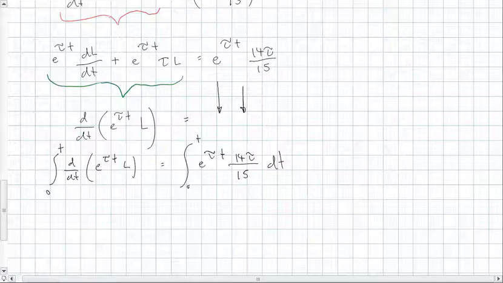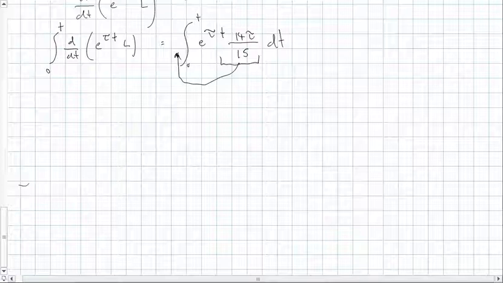And of course we can bring all this out. And we know that the integral of this is going to be simply just 1 over tau. So let's carry this forward. Oops, almost forgot the dt here.